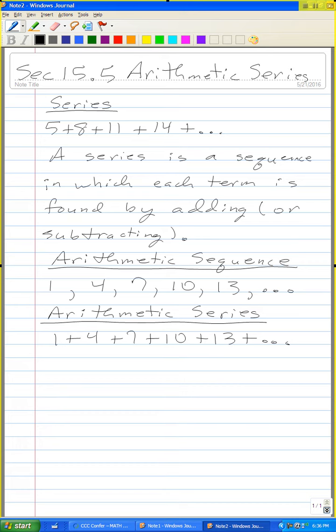So let me give you some notation, the sigma notation.